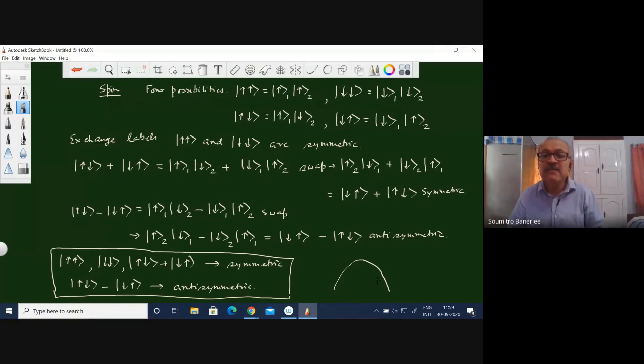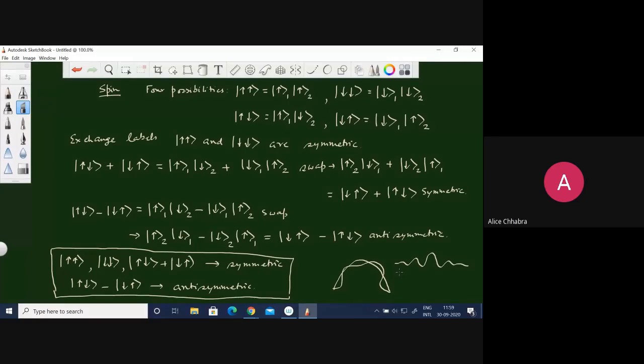But what actually happens is that you get some kind of a curve like this, along with some kind of interference pattern, sinusoidal-like. Interference patterns are always something like this, right? So this, along with this, is what is actually observed. Yeah. Got it, sir. Yes, sir.